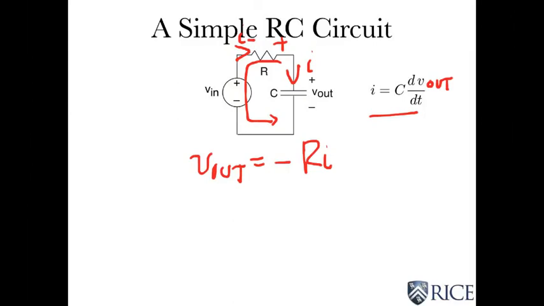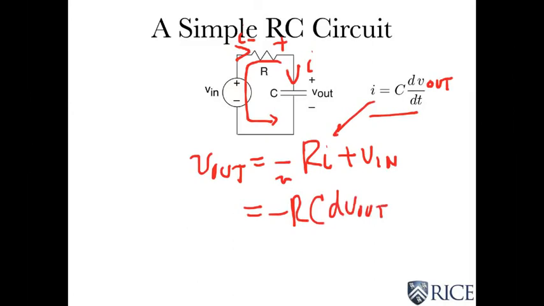Current's going in the negative side, not the positive side. We have to flip the sign. Plus V in. Well, now I'm going to substitute for I in there, and we get minus RC dV out by dt plus V in.